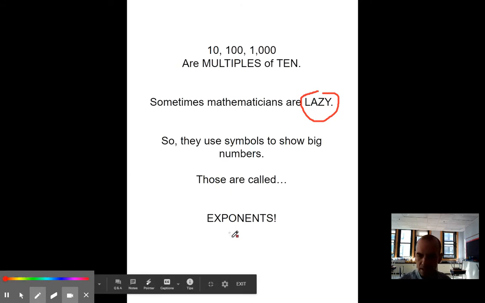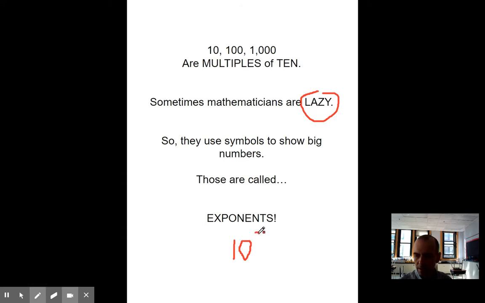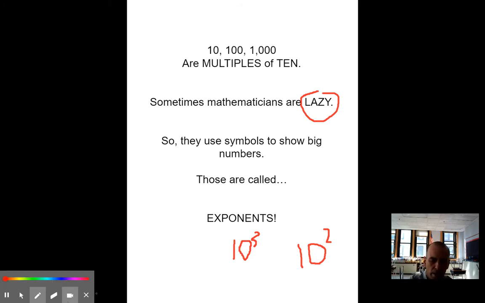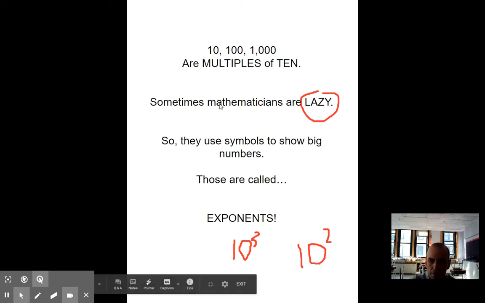Exponents, you've probably seen them before. They would be something like a number and then a little number here. This is 10 to the third power, or maybe you've seen 10 to the second power. Those are exponents. Say it out loud. Exponents, exponents. Those are the little numbers that go on top of a big number. And today you're going to learn about what they are and how they work.